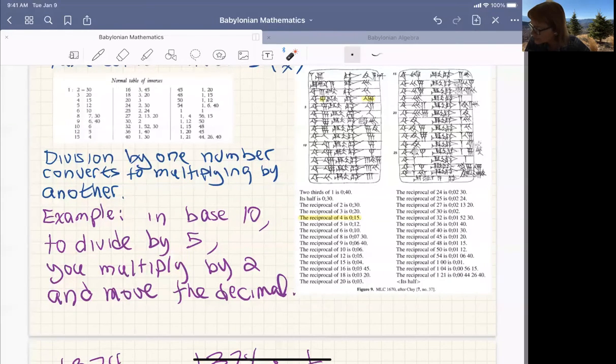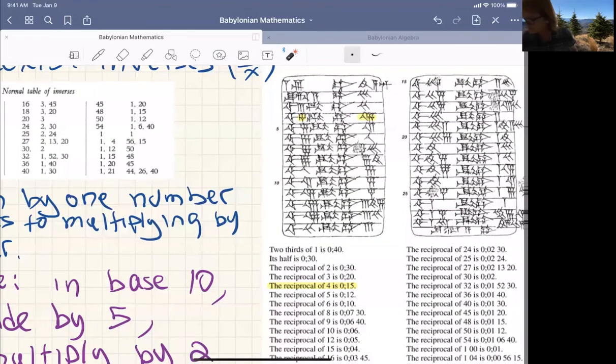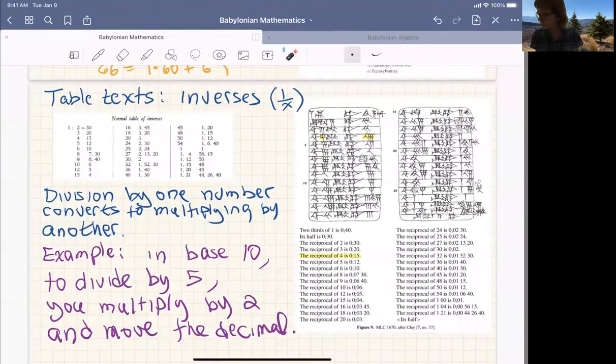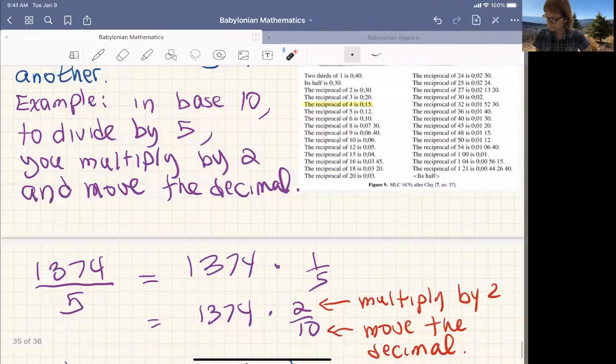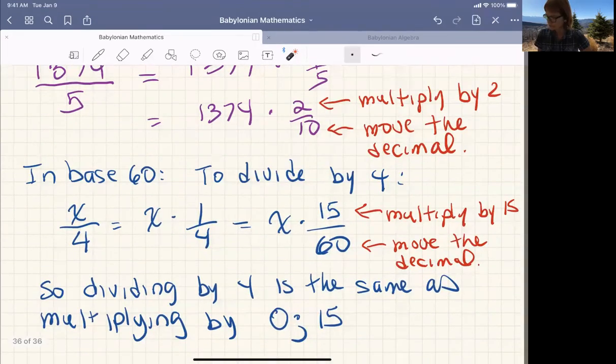And basically that's what it actually says on this text. So there are some words, but here's the 4, and then here is the 15. So the bottom line is dividing by 4 is the same as multiplying by the base 60 number 0, 15.